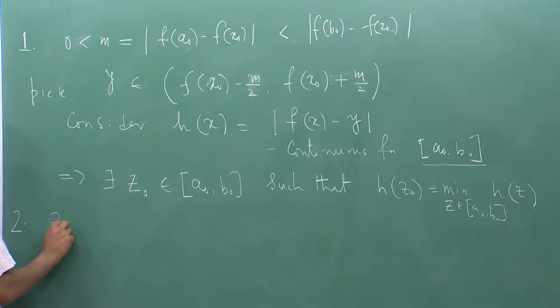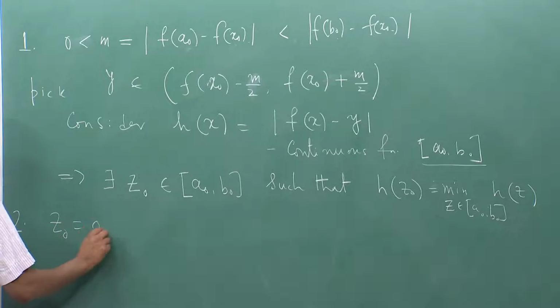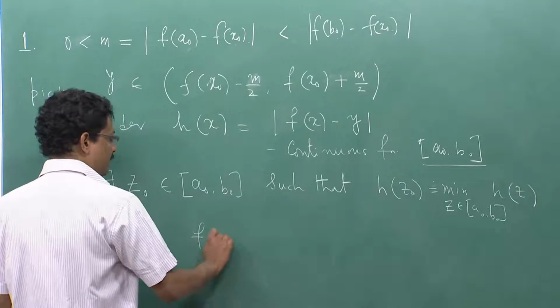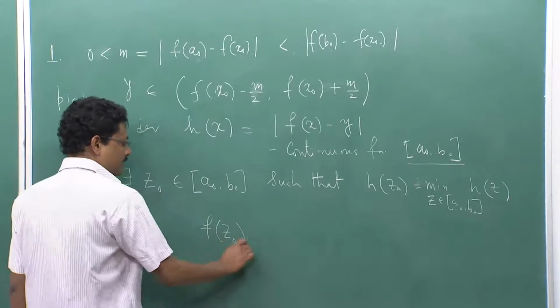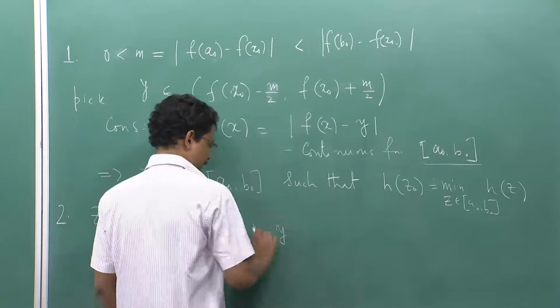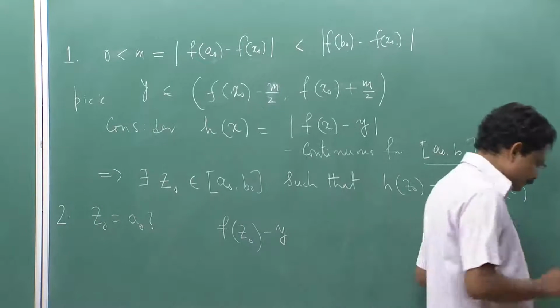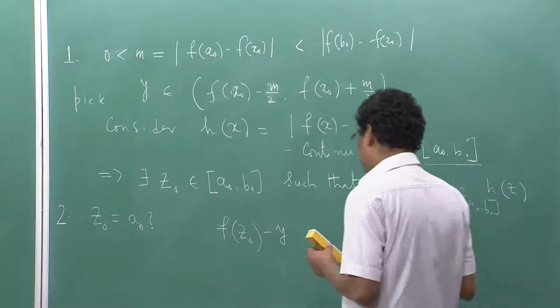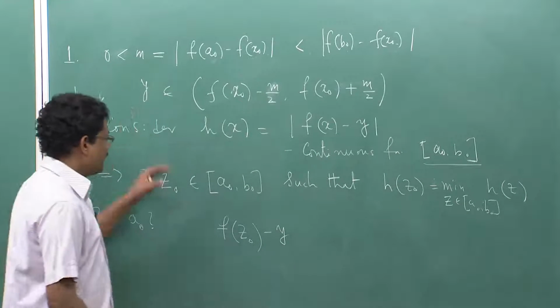Can z naught be equal to a naught? See, f of z naught minus y, where is y?